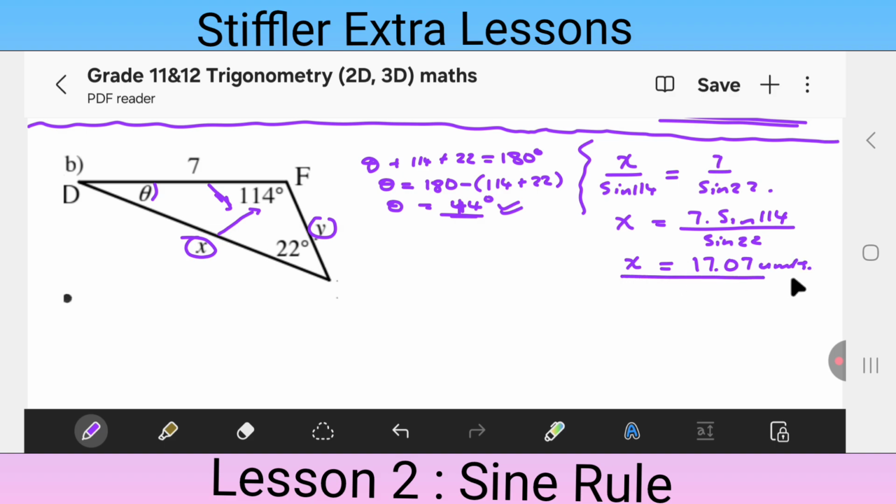units. And lastly, we can move to the value of y.